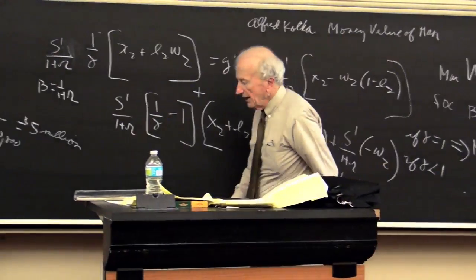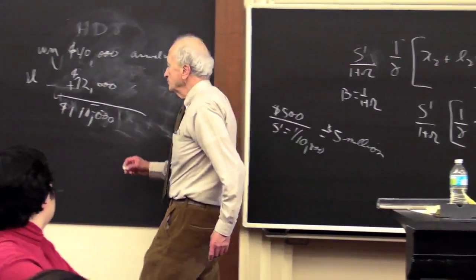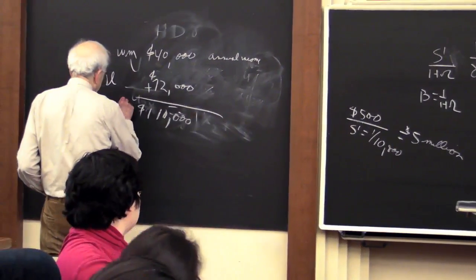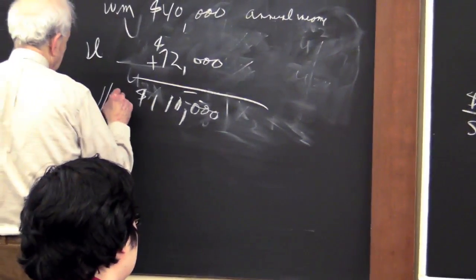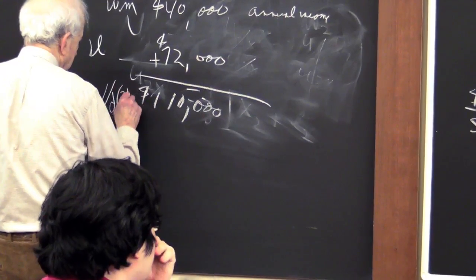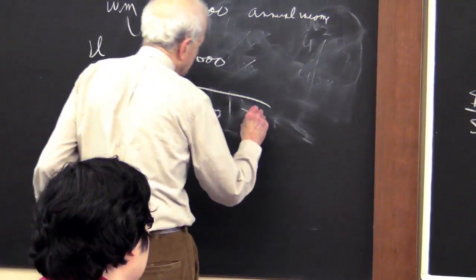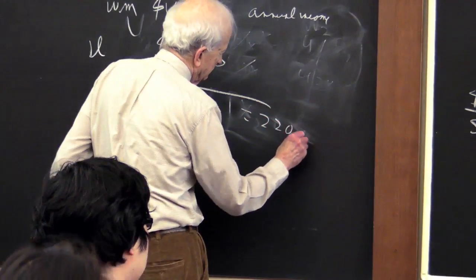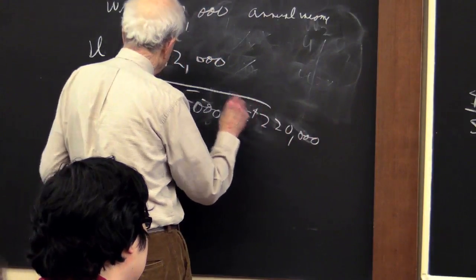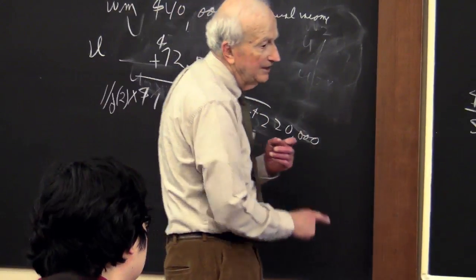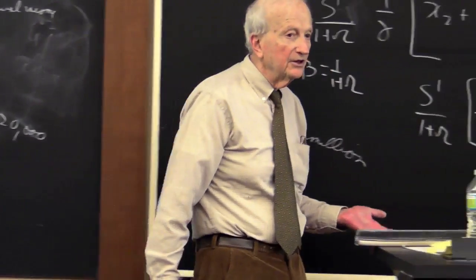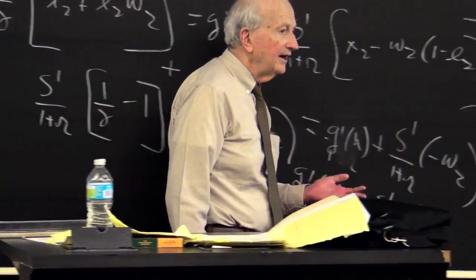So 1 over gamma is 2. So times 1 over gamma equal to 2 times this gives 220,000. So this is the full income. This is a measure of the utility each year, 220,000.